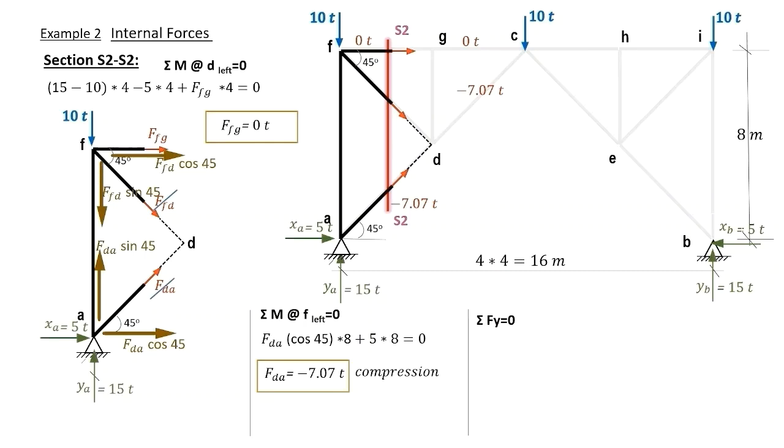Considering the forces in the y direction, we have the 15 tons and 10 tons external forces, internal forces, FDA sine 45, and the component of the force in FD in the y direction. So we have this equation, which gives the force in FD equals 0 and is plotted on our diagram here.